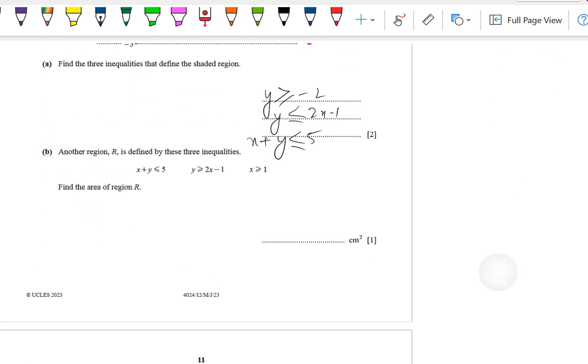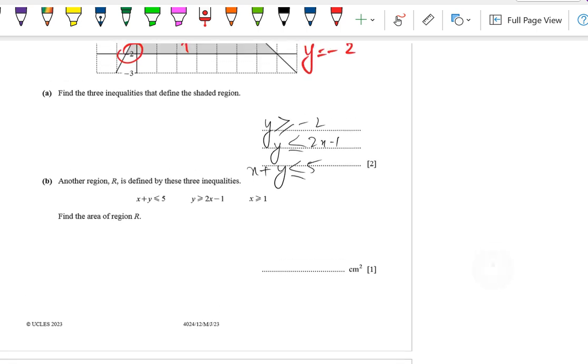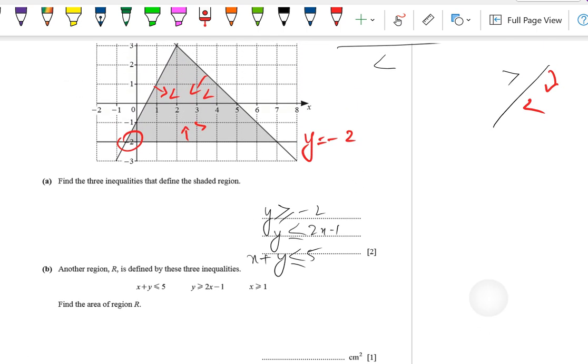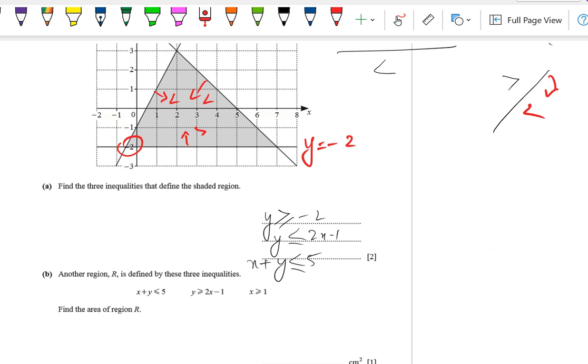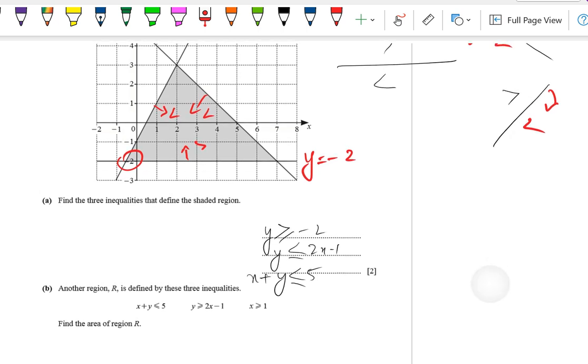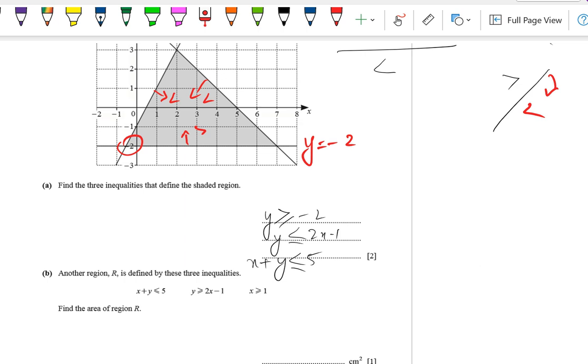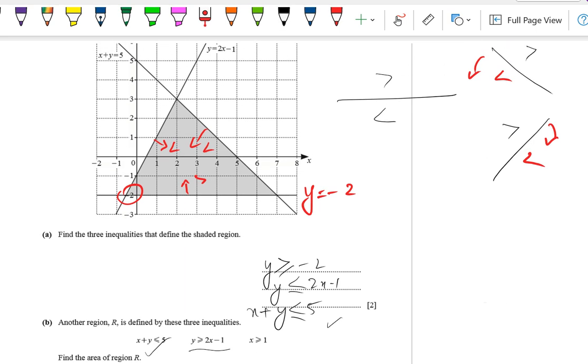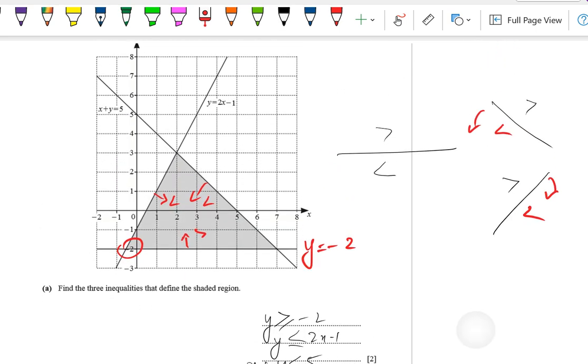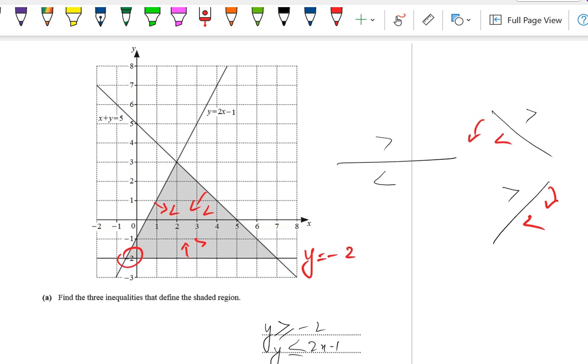Another region by three inequalities, find the area. So this one is totally the same. For this inequality, they are asking us for the greater side. So we will focus on the greater side of this equation.